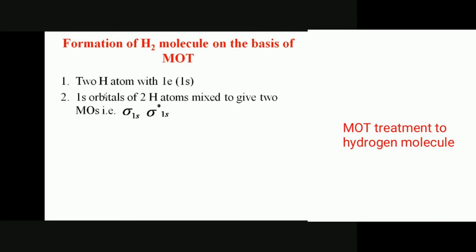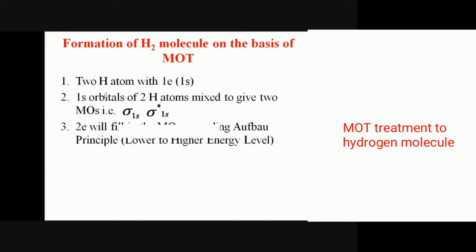So this is the representation: the low energy orbital we consider as the bonding molecular orbital, that is sigma 1s, and then we will definitely have another molecular orbital, the antibonding molecular orbital. Now, if we see the structural representation, these are the steps.